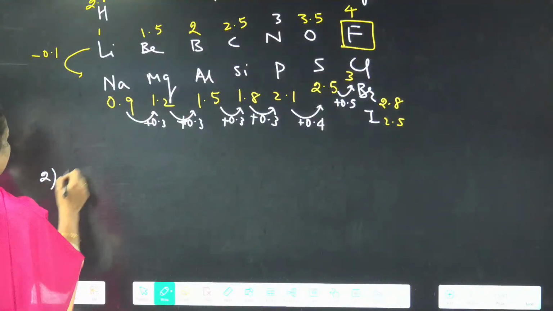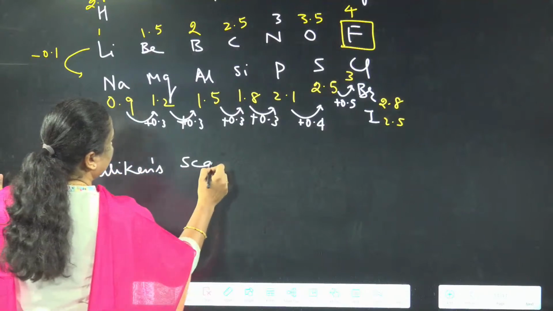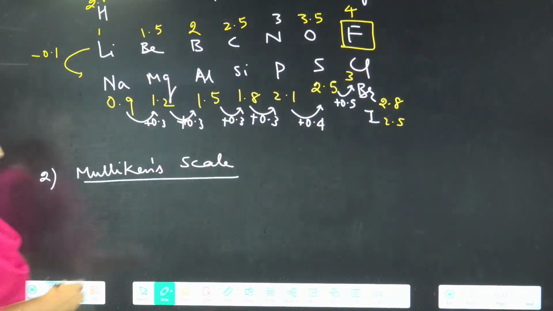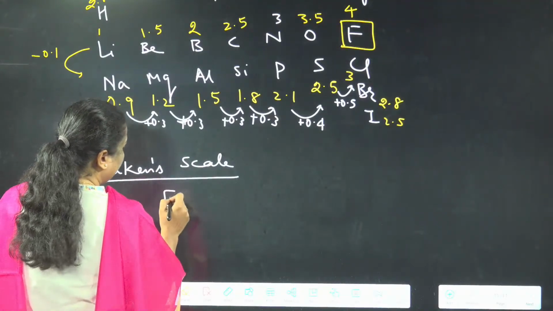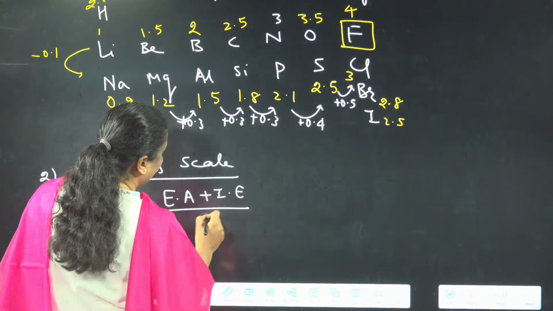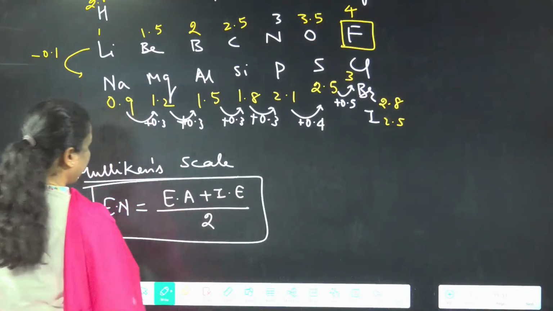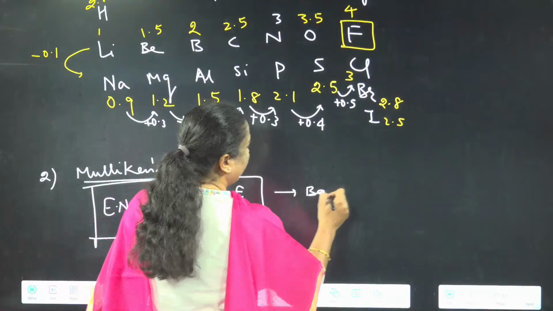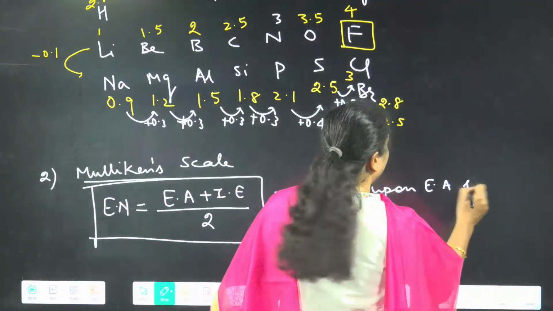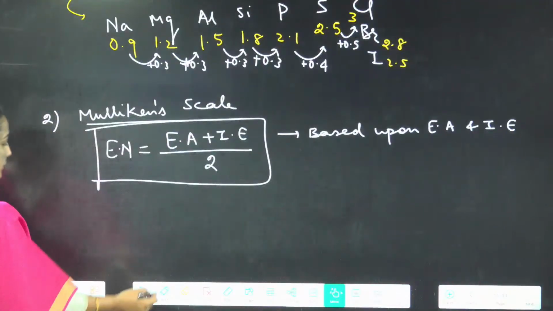Next one is the Mulliken scale. The Mulliken scale is based upon ionization energy and electron affinity. So the electron affinity plus ionization energy, divided by 2, is basically the electronegativity, right?